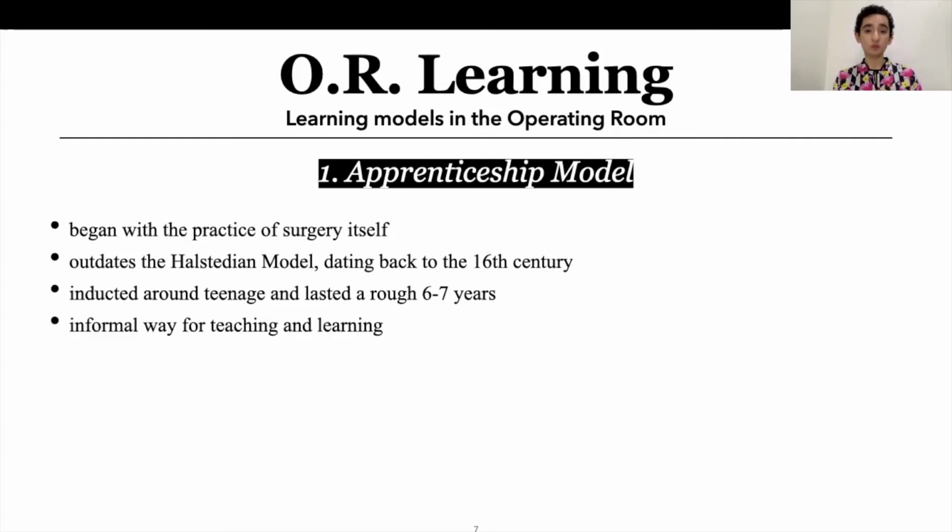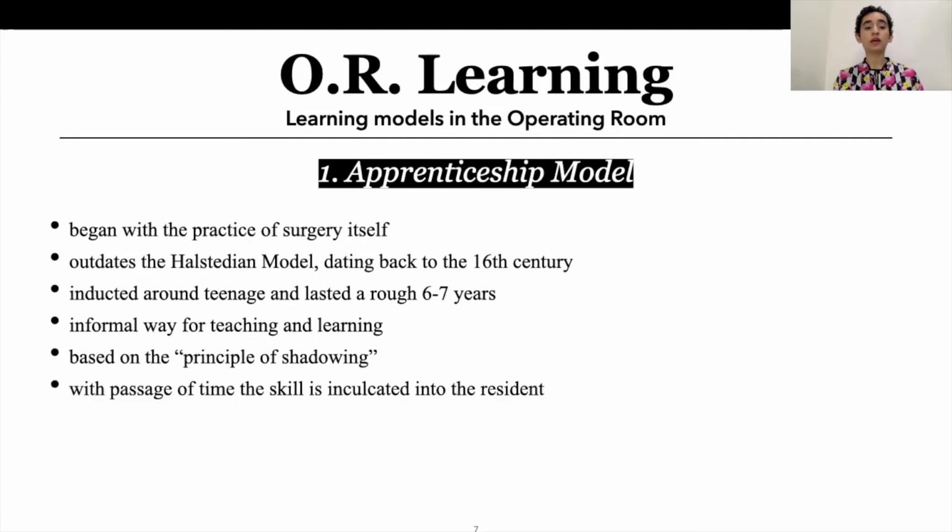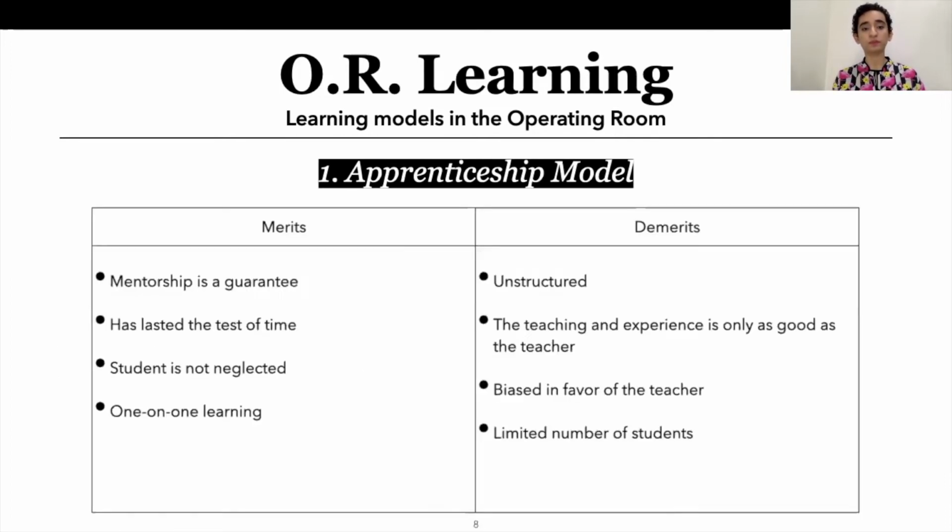It was very informal. There was no medical schooling involved, no university, no hospital training, and it was based on the principle of shadowing. The apprentice would follow their teacher around, and it was a time dependent process with a see one, do one approach.